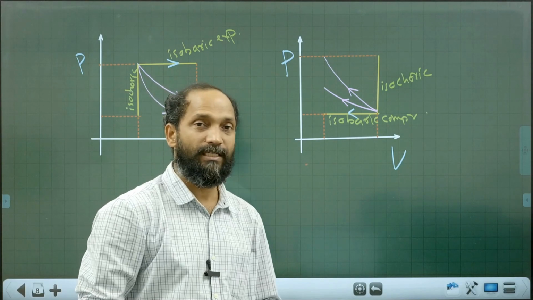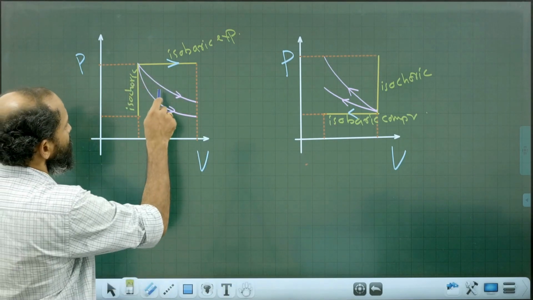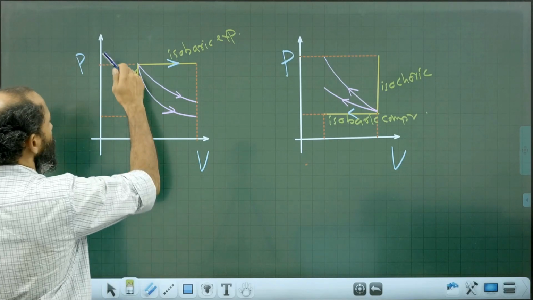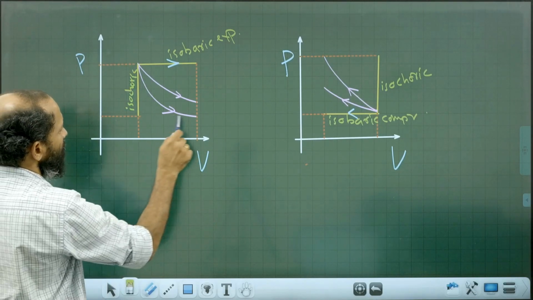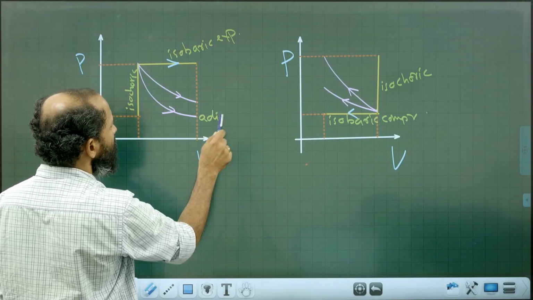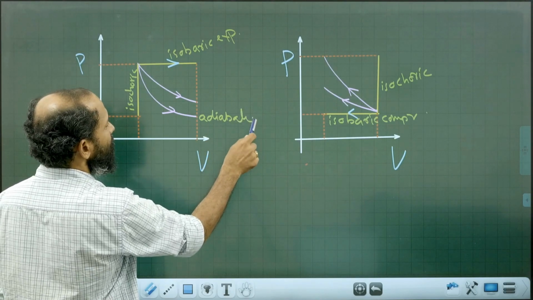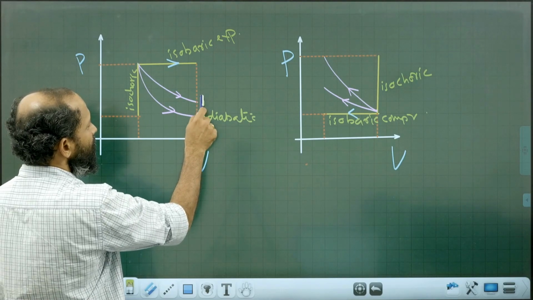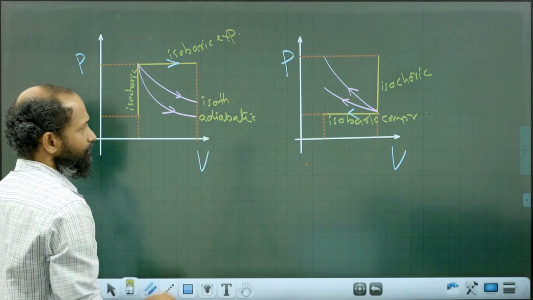Students, can you recognize? The first picture, for same changes in volume, more change in pressure is noticed for adiabatic process. So the lower one is adiabatic, more steeper. And the above one, second hyperbola, upper hyperbola, is isothermal.